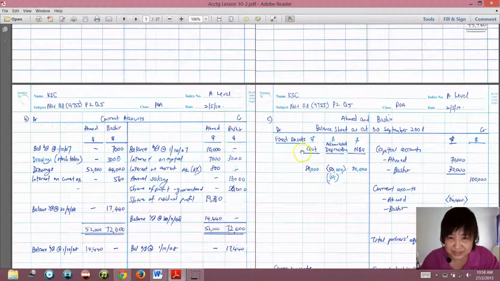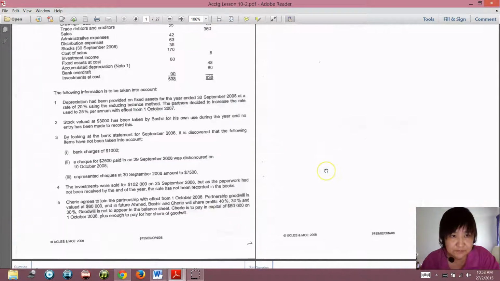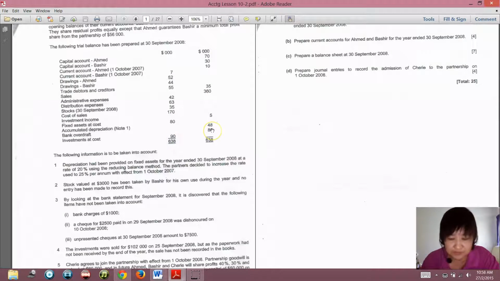Okay, so the fixed asset cost is 80,000. And in the question it says accumulated depreciation, note 1, 48,000.